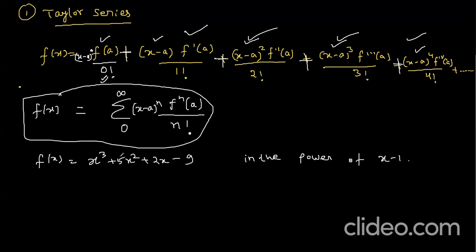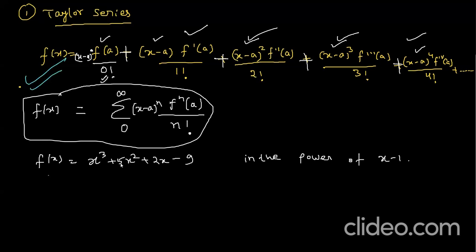This function is in the power of x, but I want to change it in the power of x minus 1. So how can you write it? This can be done using Taylor series.